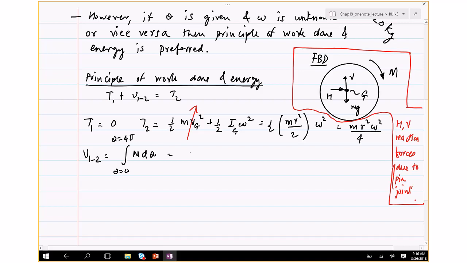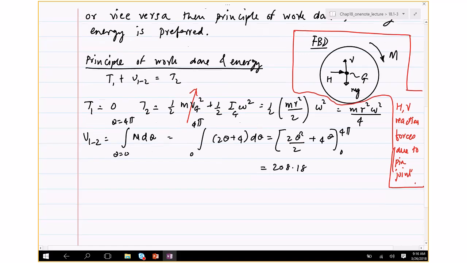Given that M is 2 theta plus 4, we integrate d theta: 2 theta squared divided by 2 plus 4 theta, from 0 to 4 pi. So this comes out to be 208.18.